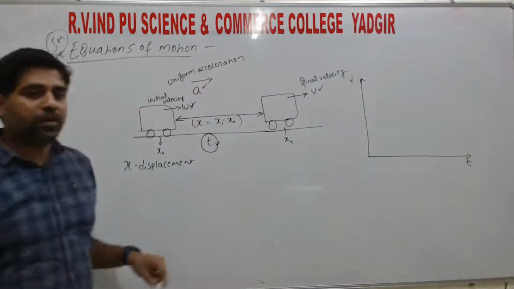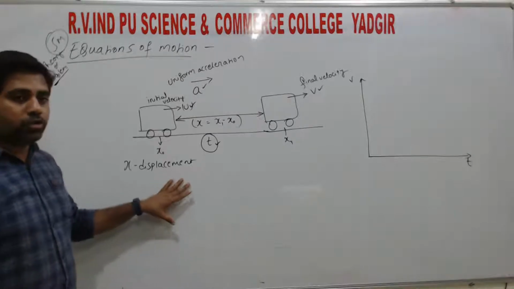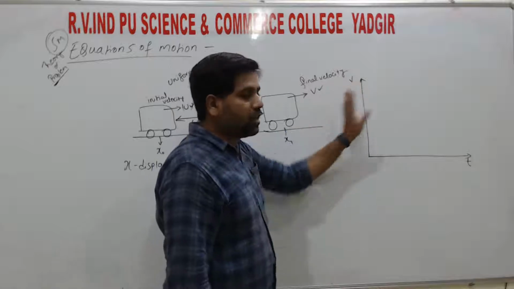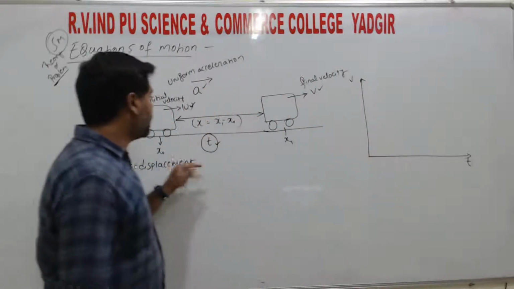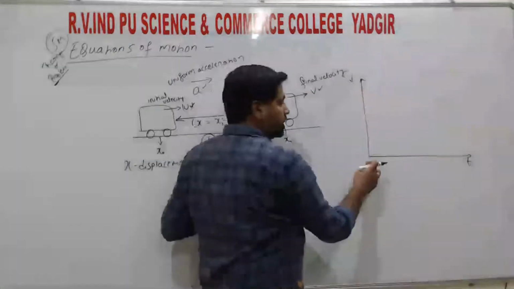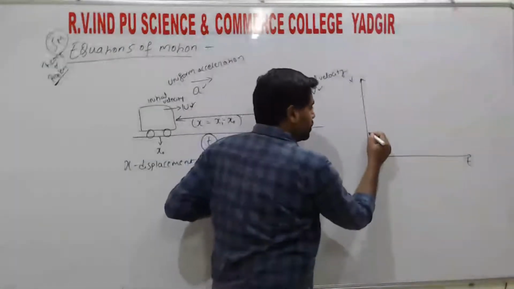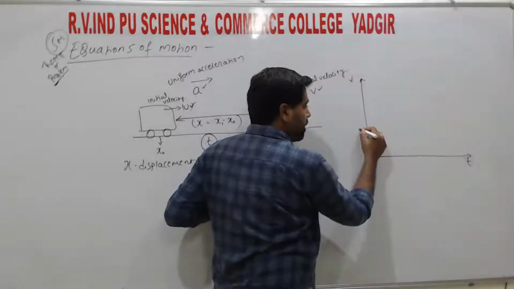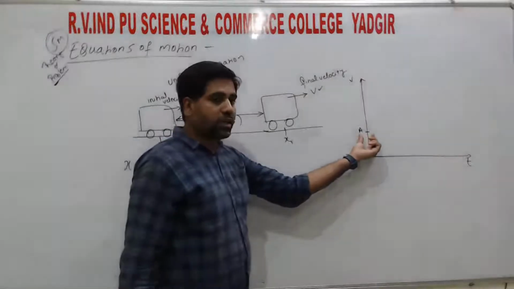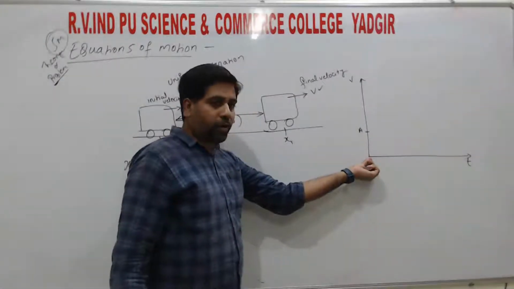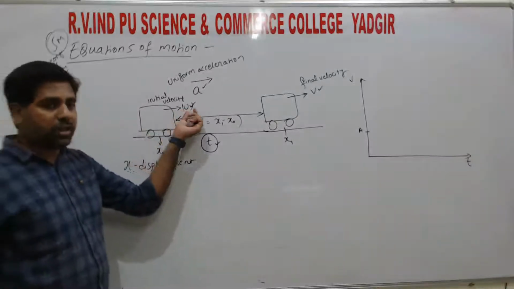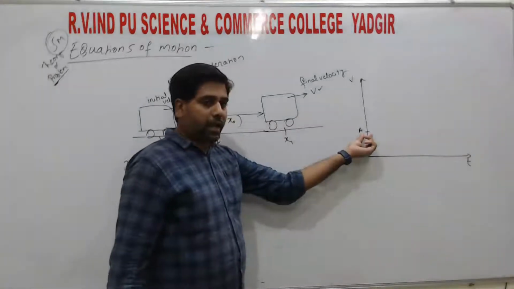In the question itself they mention to derive the equation of motion by using the graphical method, so we need to convert this into the form of a graph. Here the velocity is along the y-axis. If there is some initial velocity, I will take the point A. Already it has some velocity. If it is at rest, I will take it from the origin, right? So the object which is moving with initial velocity, I take that point as A.